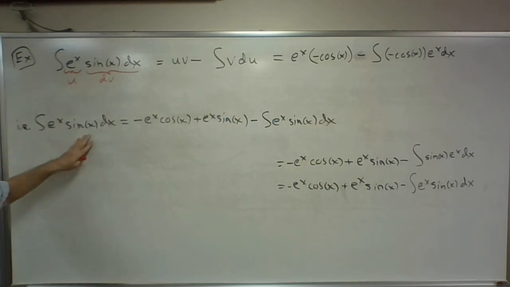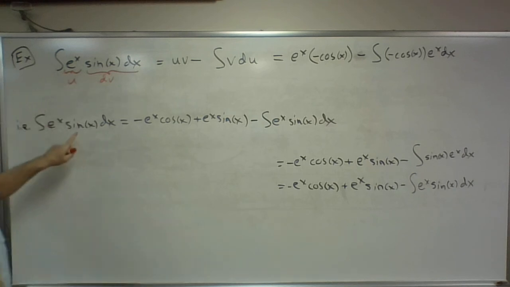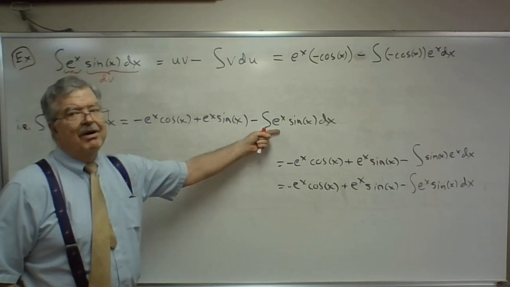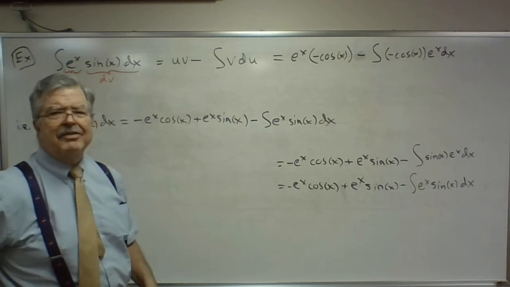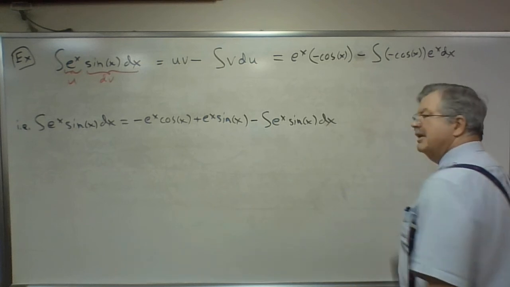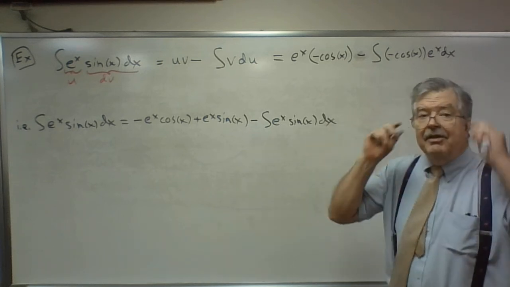This is what we've accomplished. We started out with this and we found out it's equal to this. And the thing that we're looking for is part of what we've generated, and we think that that's a horrible thing. We haven't done anything wrong.